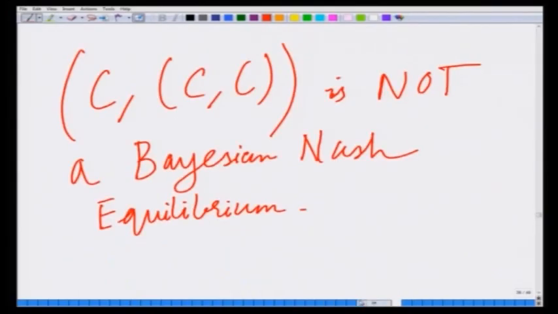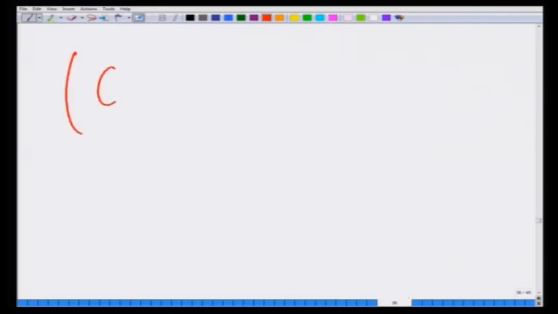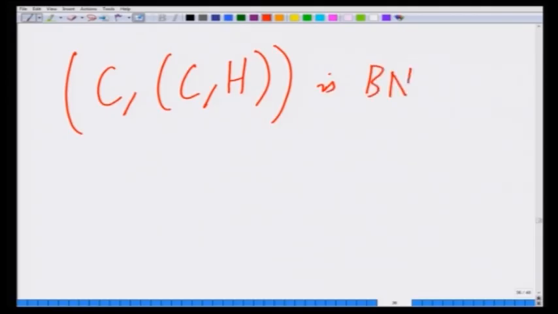Let us ask the question if C comma C comma C comma H is a Bayesian Nash equilibrium.